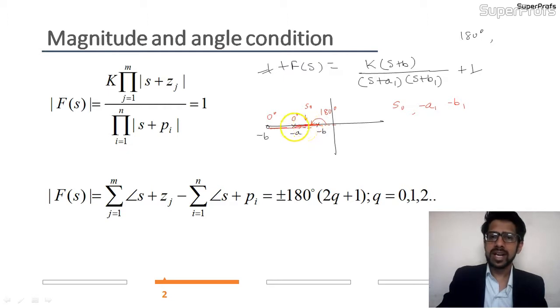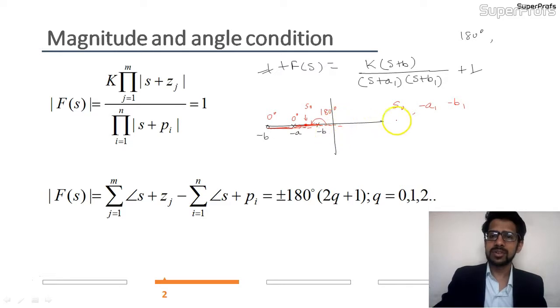Just look at the direction, because we draw the horizontal from minus b in the right hand side. Also the phasor going from minus b to s naught is also on the right hand side. The angle is 0, but just in case of minus b, the horizontal goes in the right hand direction, and the phasor from minus b to s naught goes in the left hand side, and hence the angle is 180 degrees.